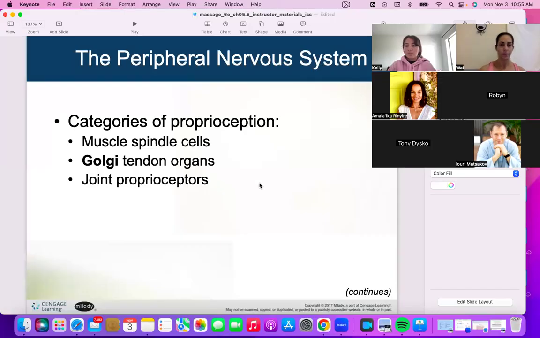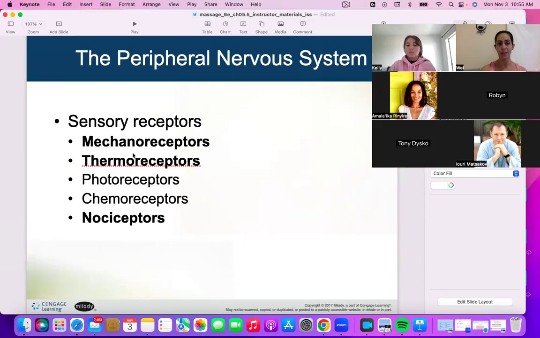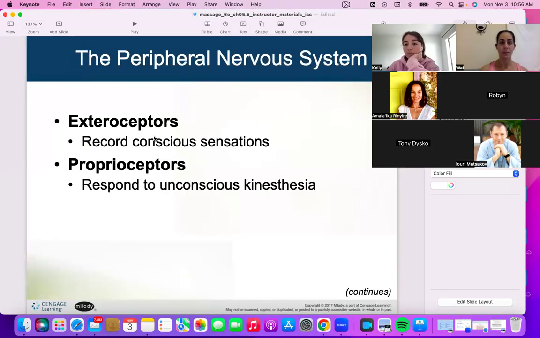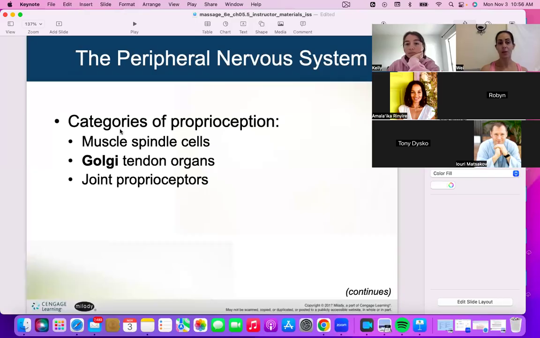Let's continue. Now, we talked about the sensory receptors. These are the sensory receptors. There are 5. And now we have the other receptors, which have to do with proprioception. There are 3. There are muscle spindle cells, which are embedded inside the fascicles of the muscle, so it's in the belly of the muscles.